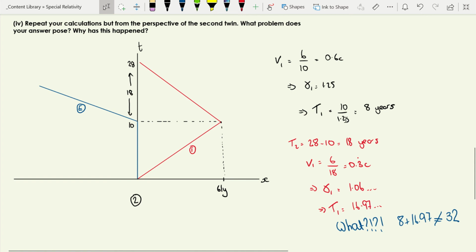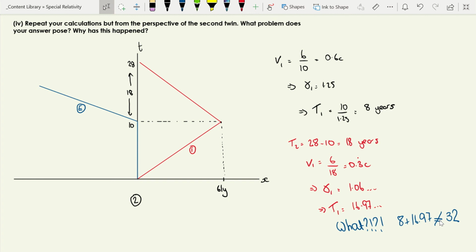So I've taken the 18 and divided it by this gamma factor, because remember, Captain 1 is a moving clock. And then we get a problem, because we see, hang on, if we add 8 to 16.97, we don't get 32. So we've got a reference frame that doesn't agree with the other two, which do agree that 32 has passed. So the question is, why is that?